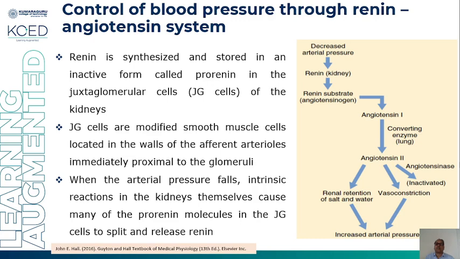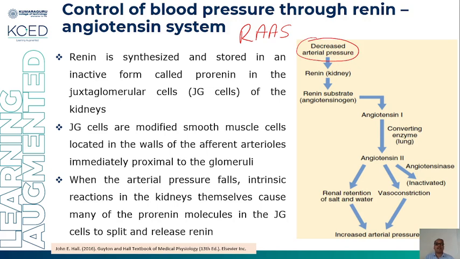We have to focus on the system we call the renin angiotensin aldosterone system. You can see the flow chart. We are going to take this part: decreased arterial blood pressure.